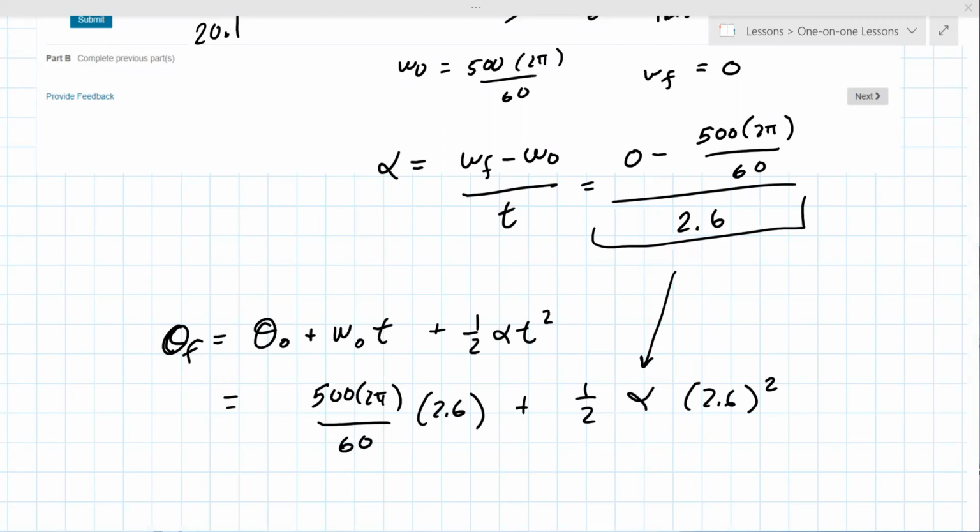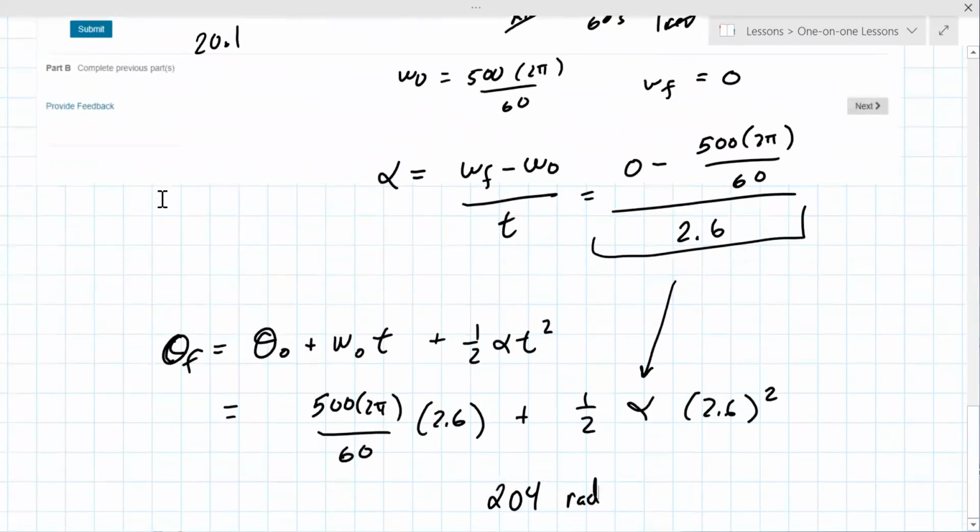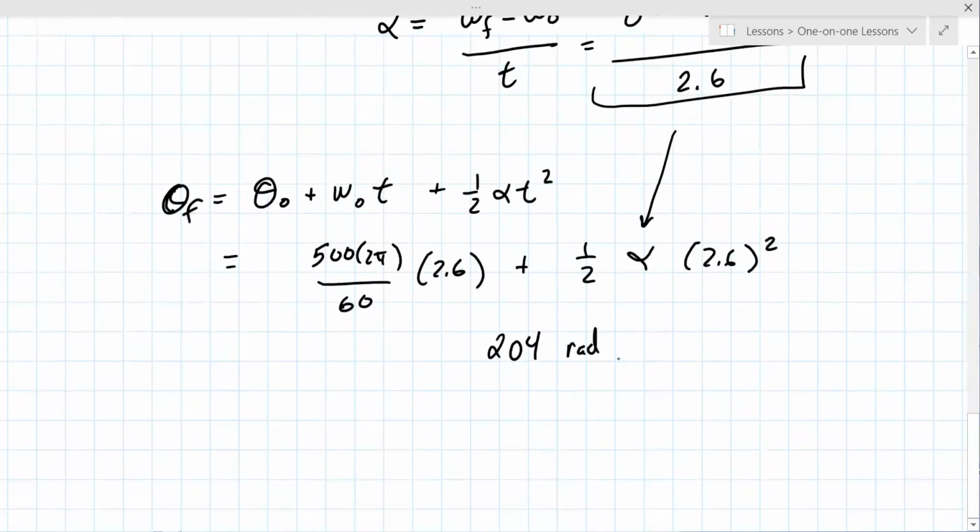So 500 times 2 pi divided by 60 times 2.6 plus 1/2 that alpha value you just found times 2.6 squared, and I get here 204 radians. What does it want your answer in? Express them in sig figs and revolutions. Okay, so that's radians, and then 1 revolution is 2 pi.